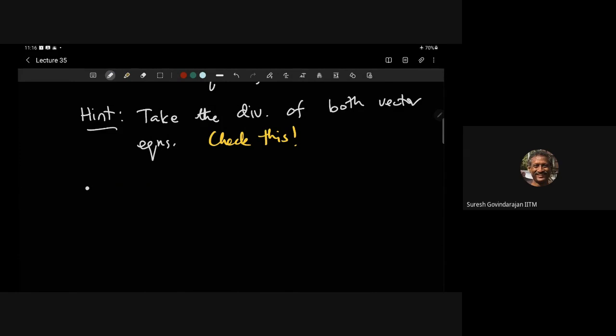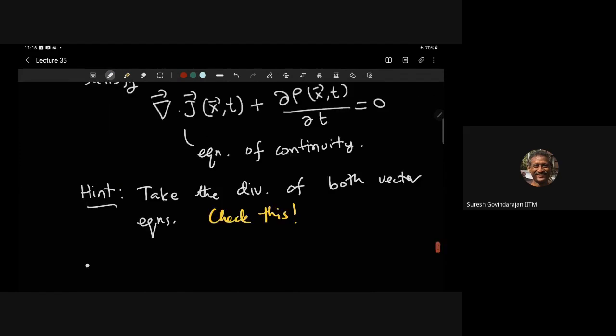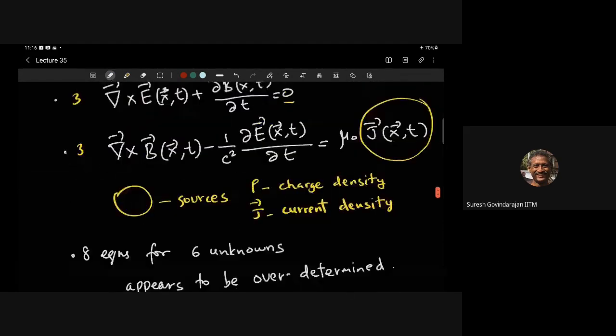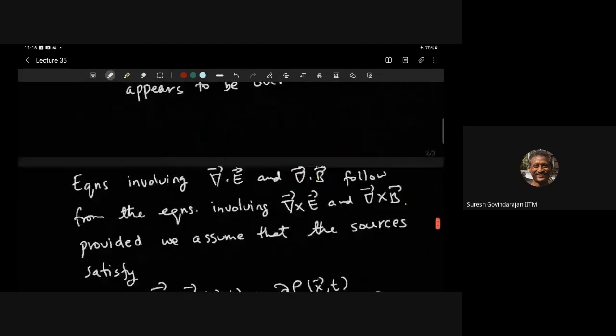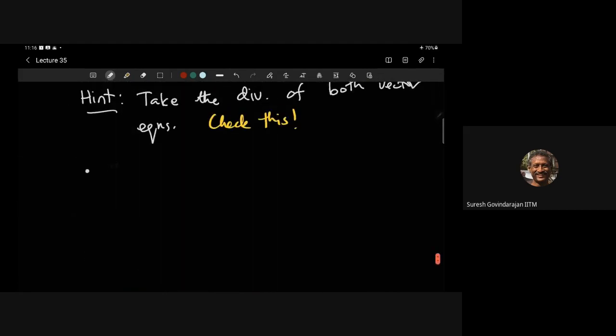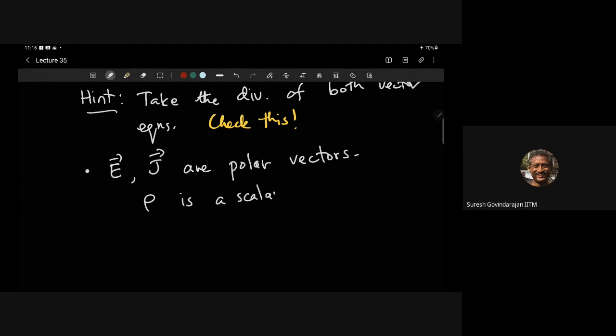If you go back to these equations, we already did this earlier, that E and J are polar vectors. Rho is a scalar, not a pseudoscalar, under rotations.